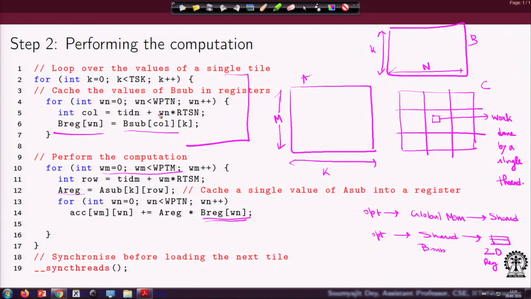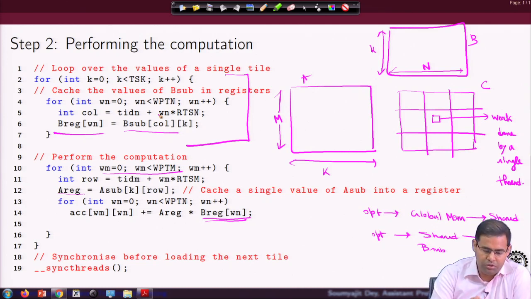Similarly, the other threads are all making their own corresponding caching of values of B sub for this loop. For this thread, after it has got these values cached, it goes to perform the real computation.